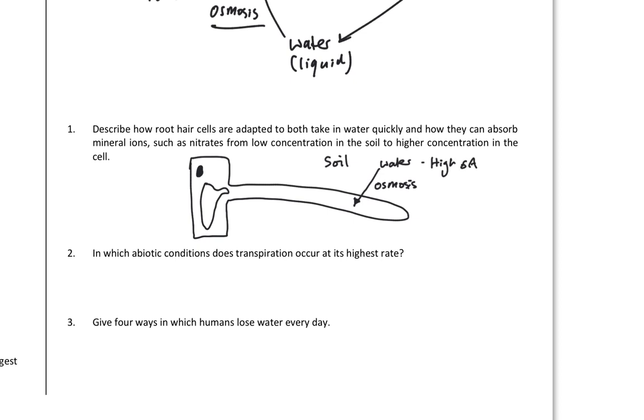And then how do I take in ions, salt ions, like nitrates and magnesium? Well, if I've got some magnesium here and there's not a lot inside, it's going to move by active transport. And if it's active transport, it needs energy from respiration.